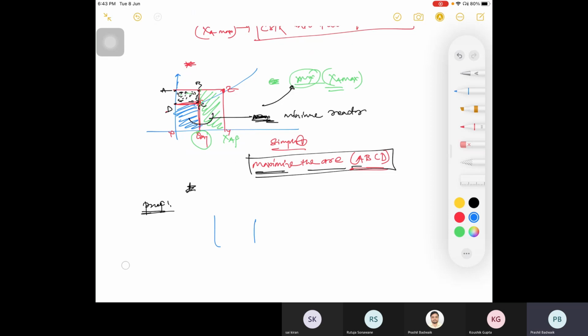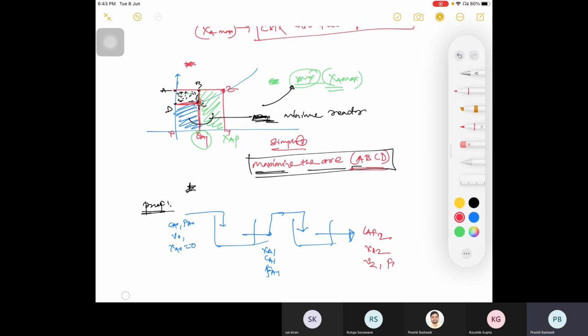Here you have two CSTRs. This is your second one. Initially your CA0, FA0, mu0 and XA0 is equal to 0. Here your XA1, CA1, FA1, all variables, and this is your final CAF or CA2, XA2, mu2 and FA2.